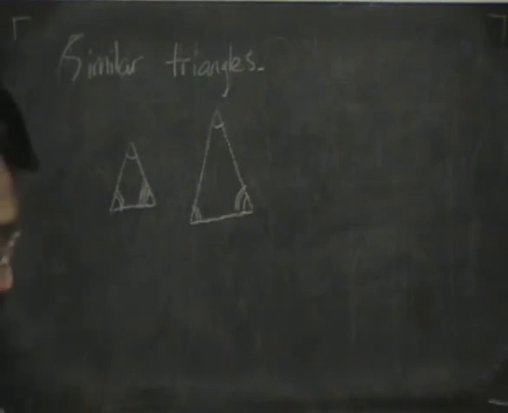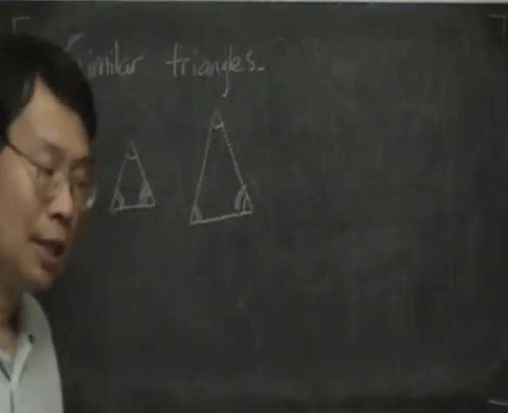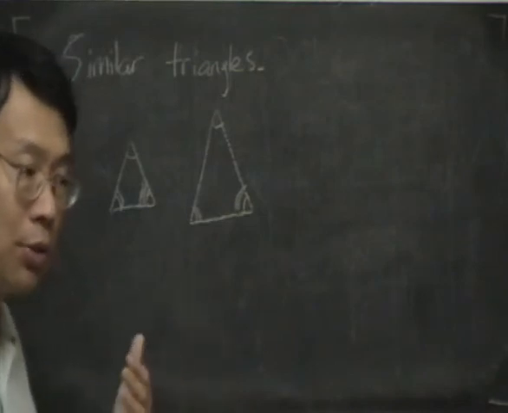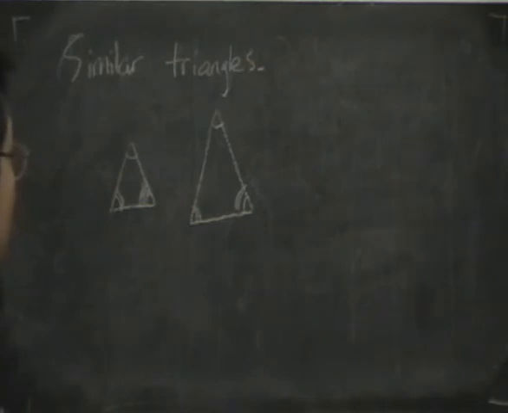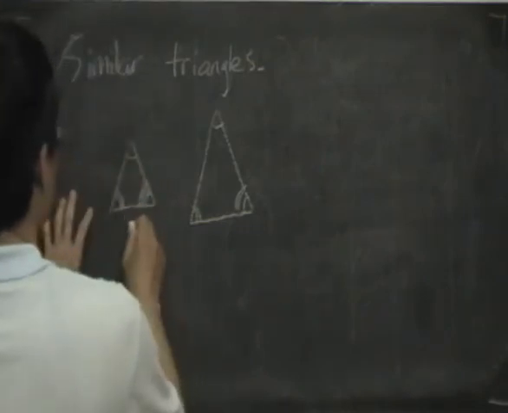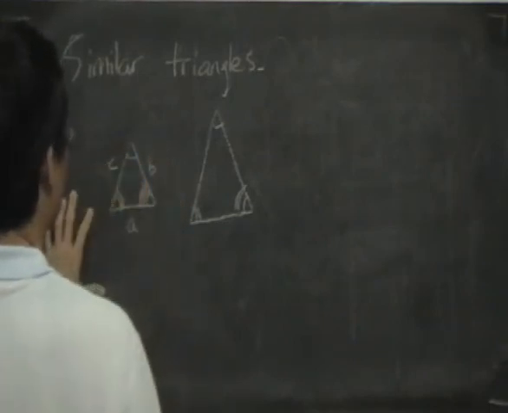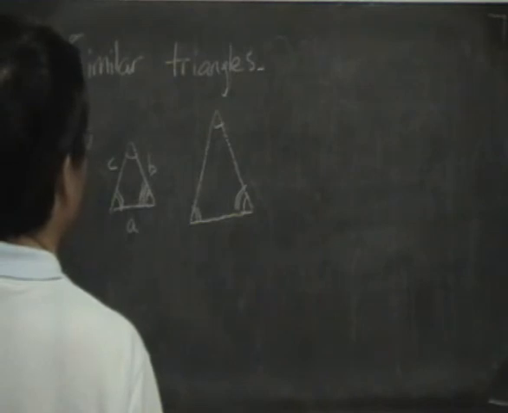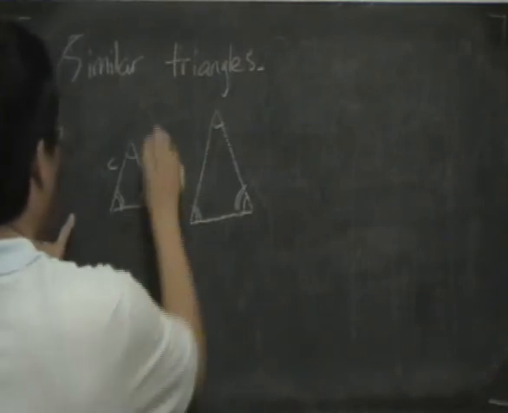Now, what we learn about similar triangles is that although the sides are different, there is still a way we can relate the sides of the two triangles. Now, let me call these sides A, B, and C. Well, let me put in some numbers.